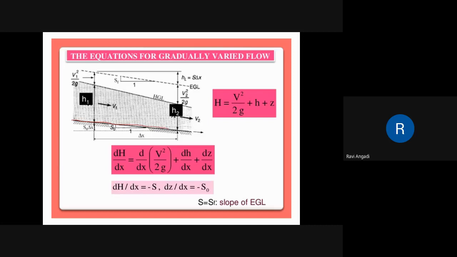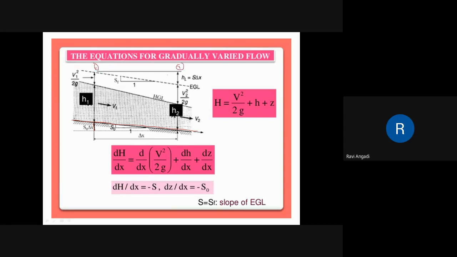I am just revising the things we have discussed so far. So this is the channel bed or the channel bottom, and this is having a slope of 1 horizontal to S vertical. This is the channel slope. This is the distance between section 1 and 2, this is section 1 and this is section 2.